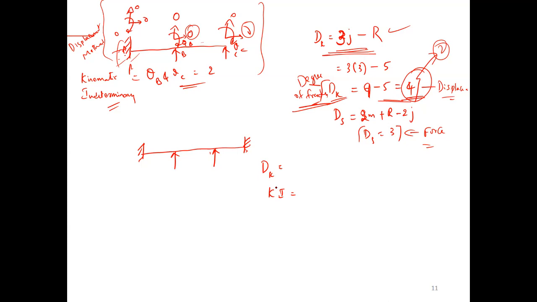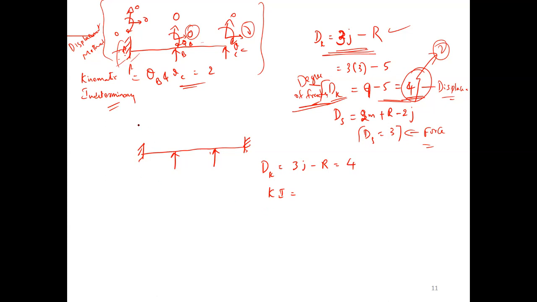DK is 4. DK is 3j minus r. So 3, 1, 2, 3, 4: 12 minus 6 plus 2 is 8. 12 minus 8 is 4. Have you got 4? Yes, sir. Okay, what is KI?